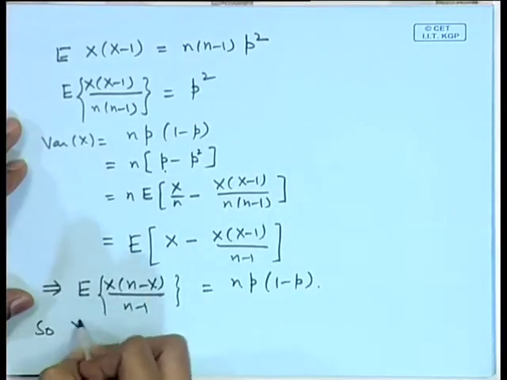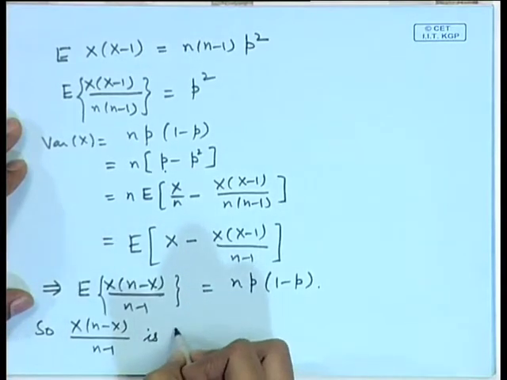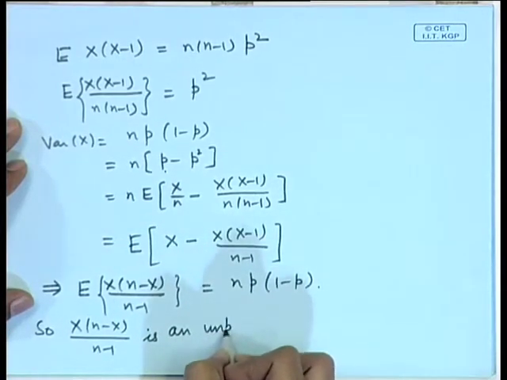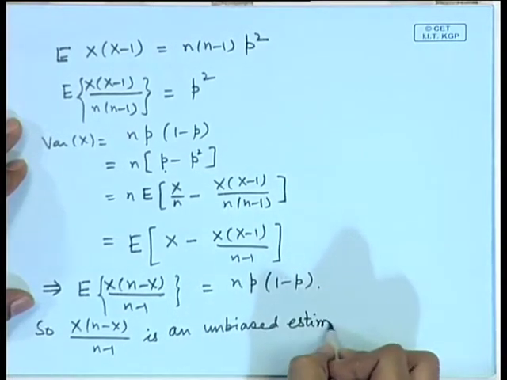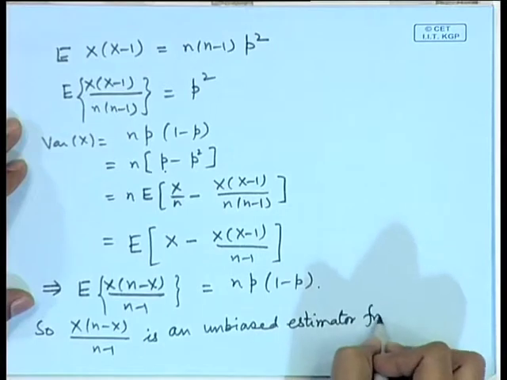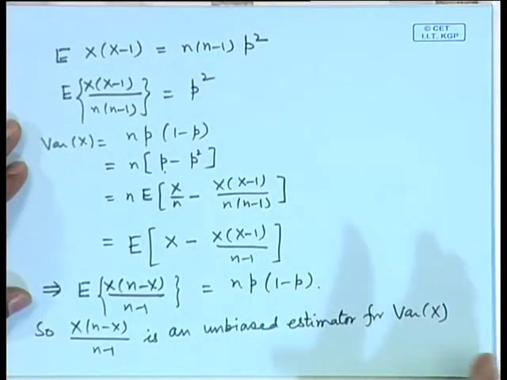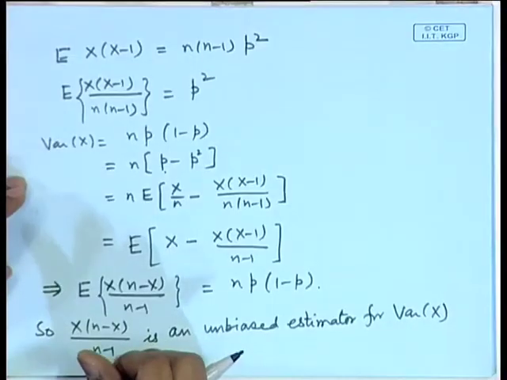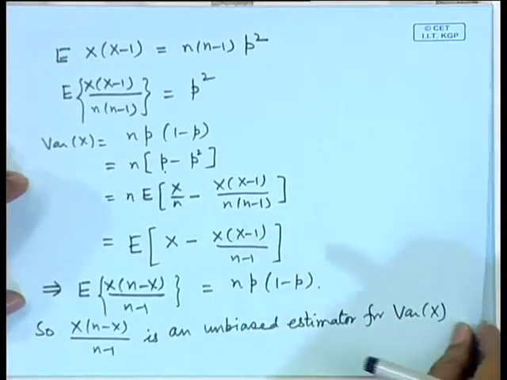So, x into n minus x by n minus 1 is an unbiased estimator for variability, because in the population I may be interested in estimating the variability also. Here we are able to derive an unbiased estimator for that. Let us take another problem.